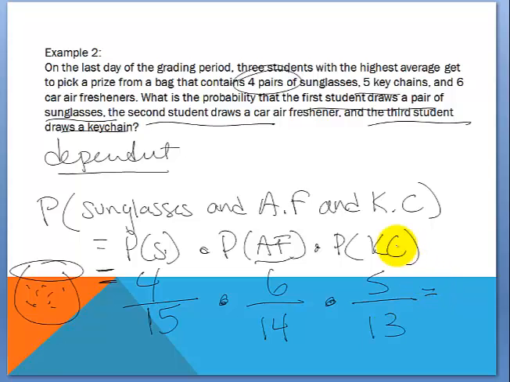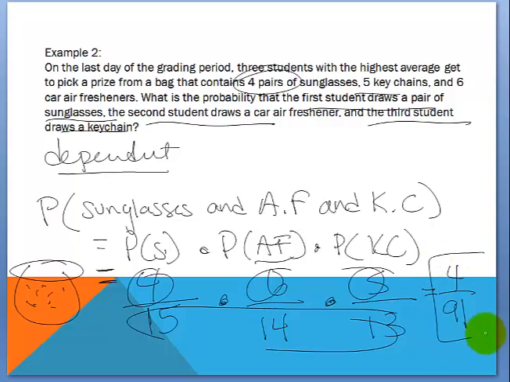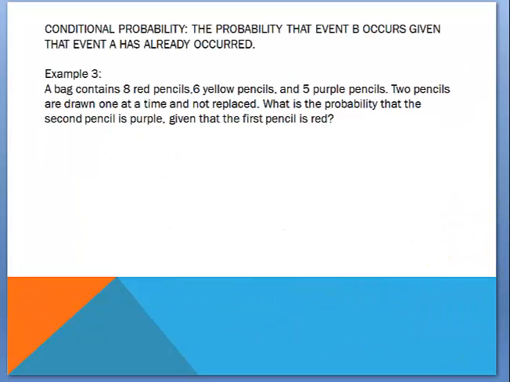Now we're just going to multiply the numerator and multiply the denominator together and simplify, and we get 4 over 91.